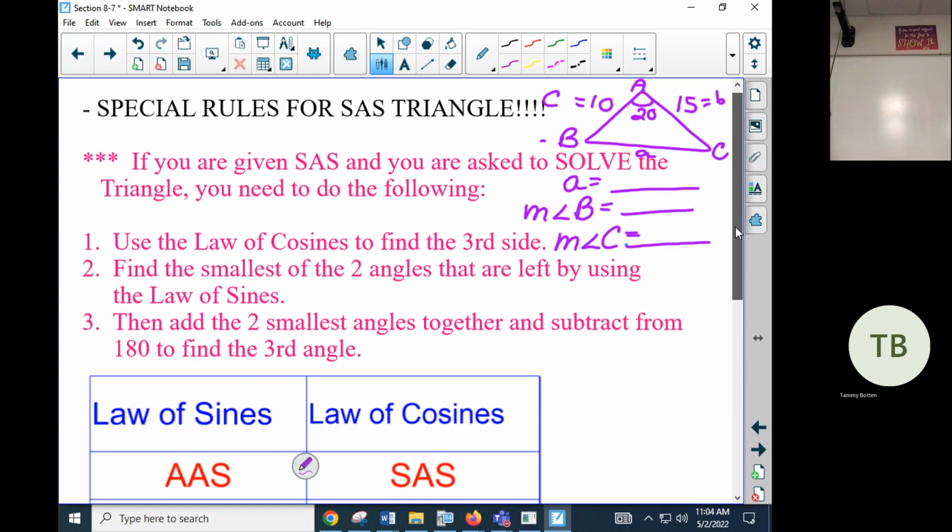There's a rule in geometry that the smallest angles are opposite the smallest sides. Angle C is across from a side that's 10 and angle B is across from a side that's 15. 10 is less than 15, so you find angle C before you find angle B.